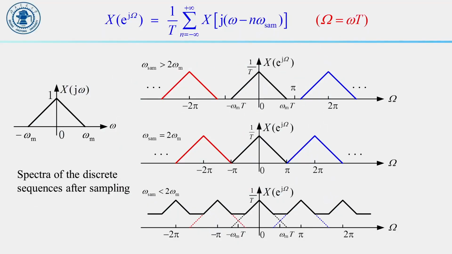Since there's some overlap in here that significantly changes the shape of the spectrum, we won't be able to identify the individual waveform that's similar to the original one. So we won't be able to recover the original signal. And this phenomenon is called aliasing.